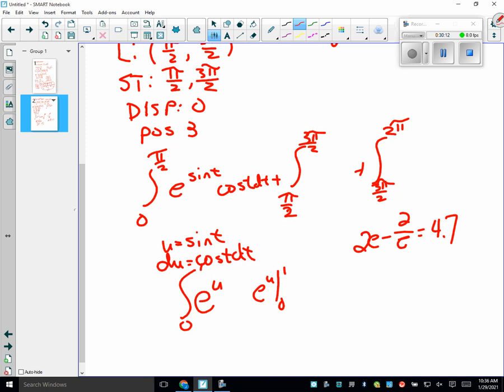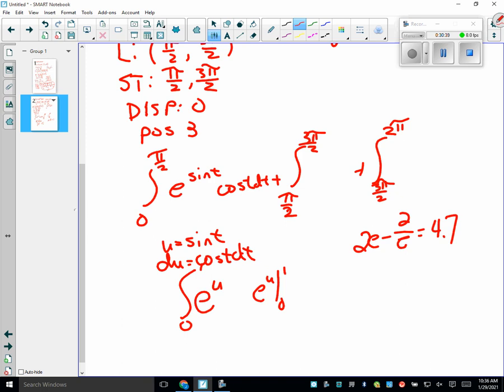When we're finding where it is at the end of the trip, it would be x. Okay, it starts at 2, right?